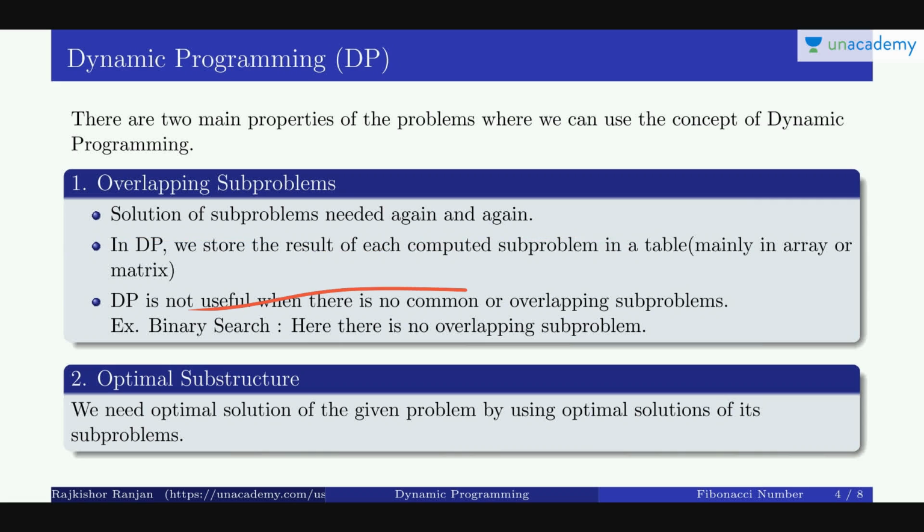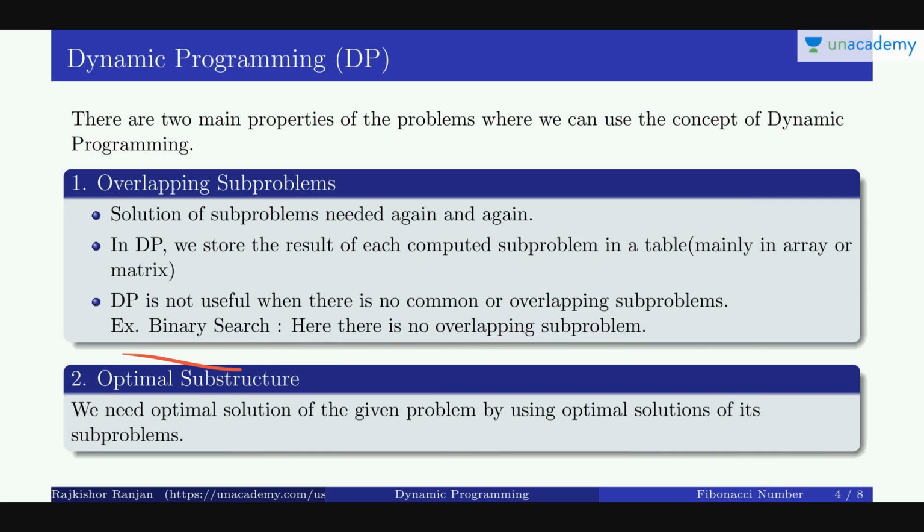In dynamic programming, we store the result of each computed subproblem in a table, mainly an array or a matrix, and try to use those stored values of subproblems.